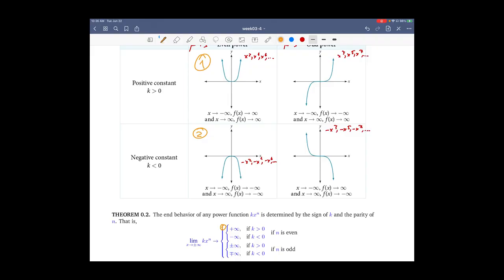Note that we have positive infinity, for instance, regardless of where x is approaching, or negative infinity regardless of where x is going.